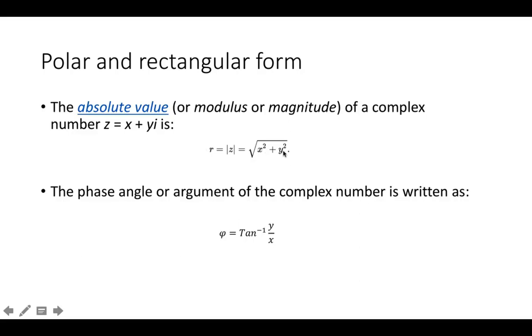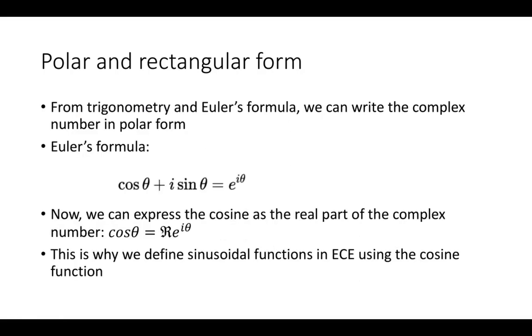It's the square root of x squared plus y squared, so the square root of the sum of the squares. The phase angle is basically the inverse tangent of y over x, and you can look back at that figure in the previous slide to see where that relationship comes from if you can't visualize it without the figure present.